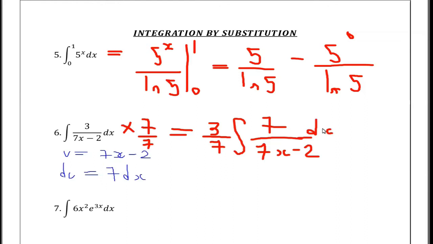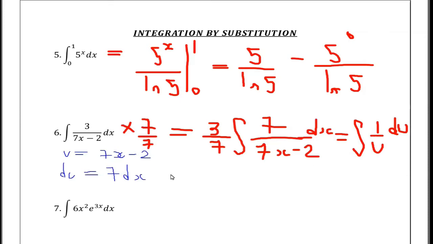Now this 7x minus 2 is u, and this 7 dx is du. So this becomes the integral of 1 over u du. That's what substitution means. When you do the substitution method, it leads back to recognition.